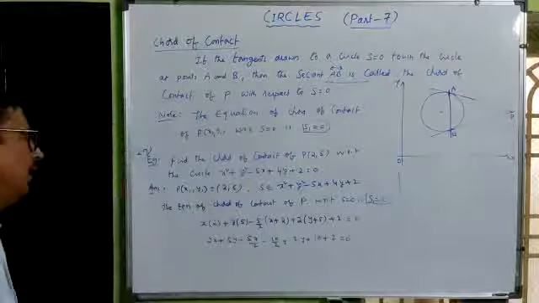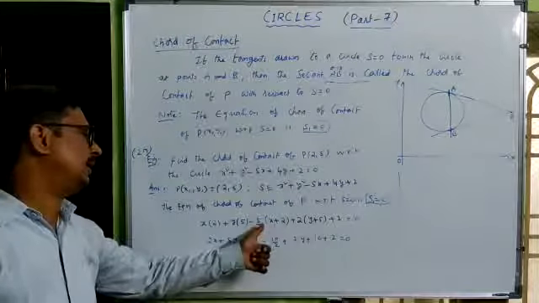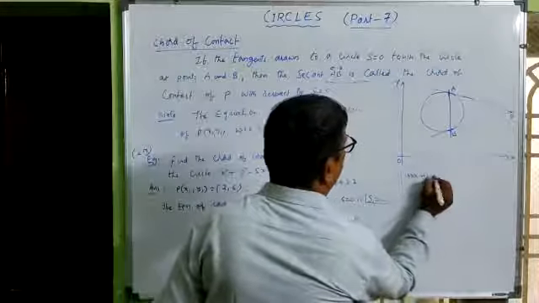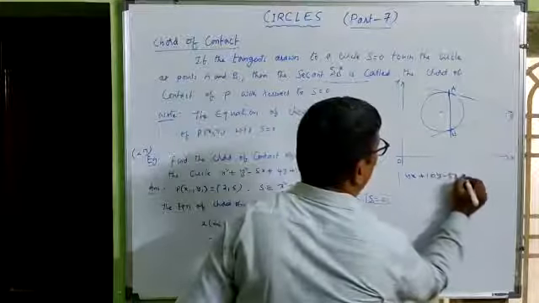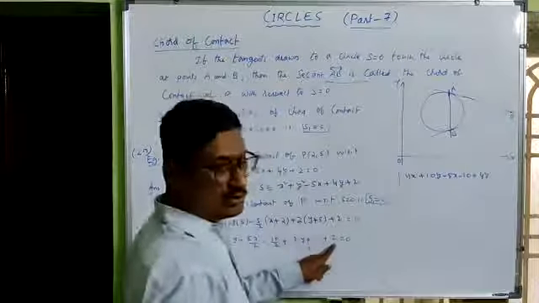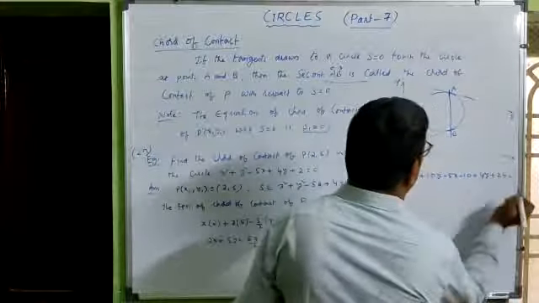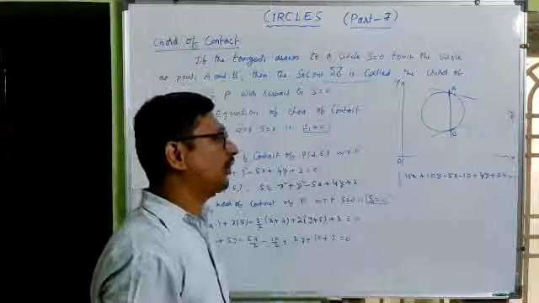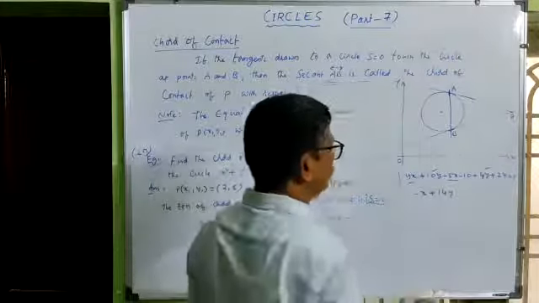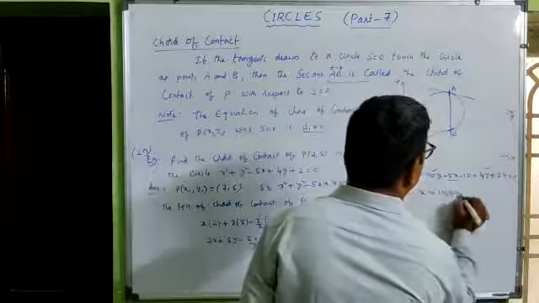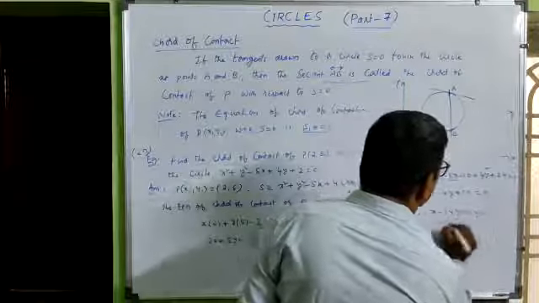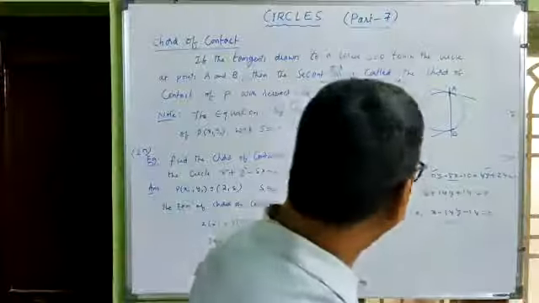Just to simplify it, take LCM: 4x + 10y − 5x − 10 + 4y + 20 + 4 = 0. Then x terms: 4x − 5x is −x; y terms: 10y + 4y is 14y; constants: 24 − 10 is 14. Taking minus as common, x − 14y − 14 = 0. So this is the equation. Have a note.